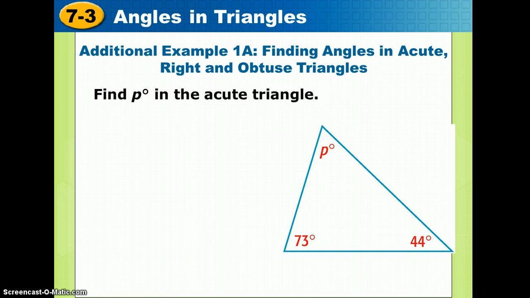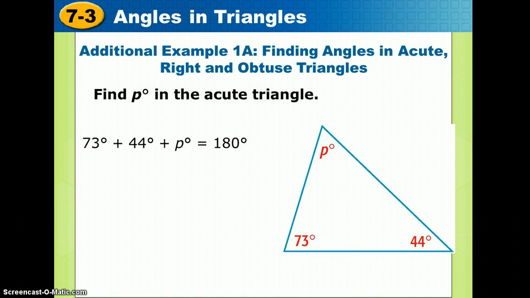Using the Triangle Sum Theorem, we can work backwards to solve for a variable if given two of the angles. Here we are given two angles, 73 degrees and 44 degrees. If we add 73, 44, and p, we know that equals 180 degrees.